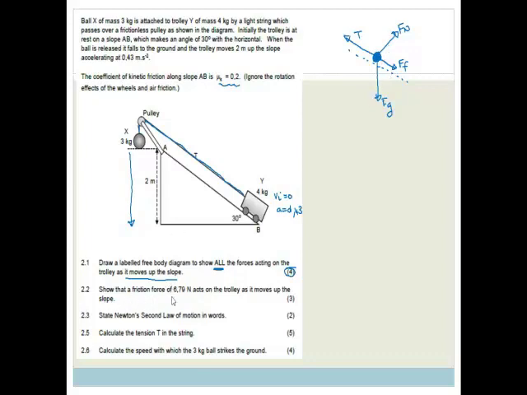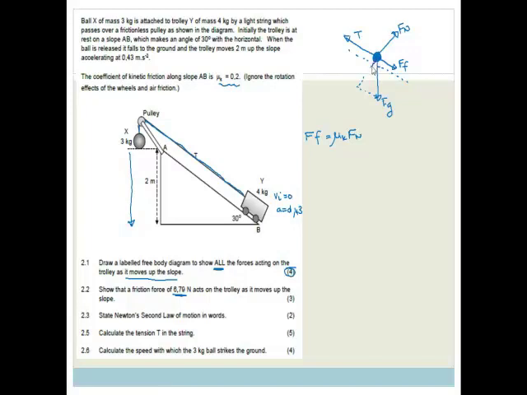Now it says, show that the friction force of 6.79 newtons acts on the trolley as it moves up the slope. So we know that the force of friction is mu k F_N, but F_N is equal to the perpendicular component of the force of gravity. So I'm going to change color.